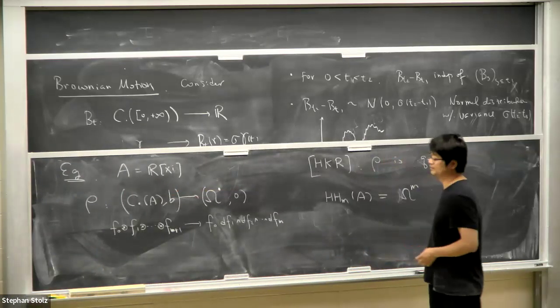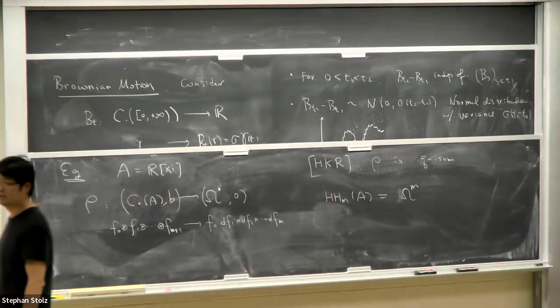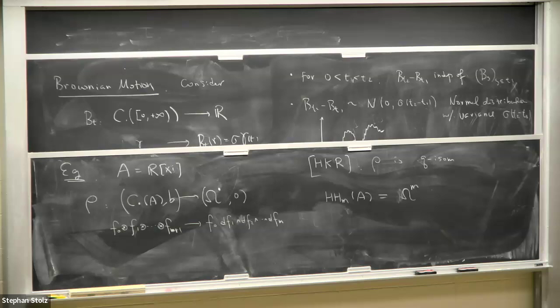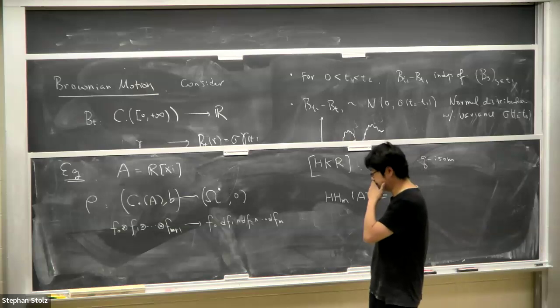Okay. Now I will try to explain to you the property of this product with the help of this Hochschild homology, this chain complex. And you'll see this formula. One way to write this formula is the following.